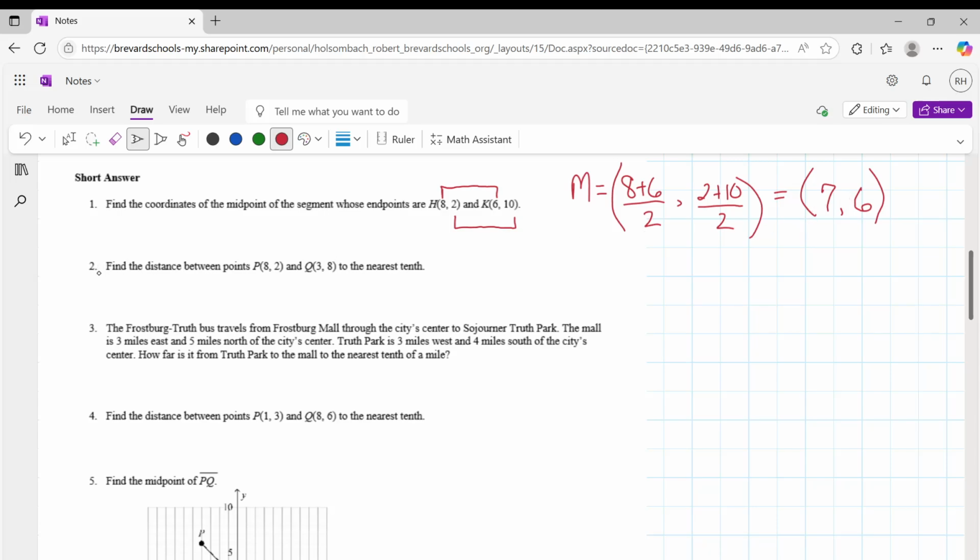All right, problem number 2 asks you to find the distance between P and Q to the nearest tenth. So remember, distance is equal to the big square root of x sub 2 minus x sub 1 squared plus y sub 2 minus y sub 1 squared.